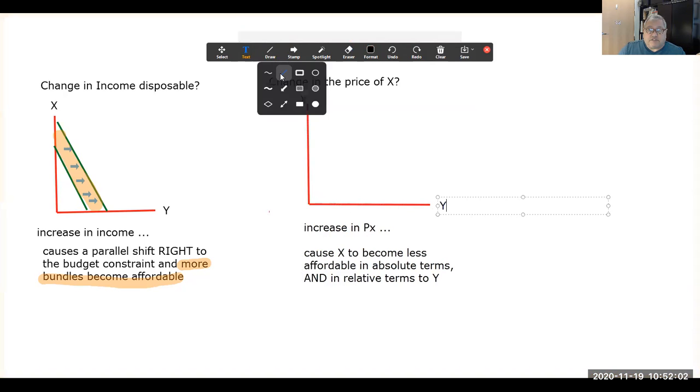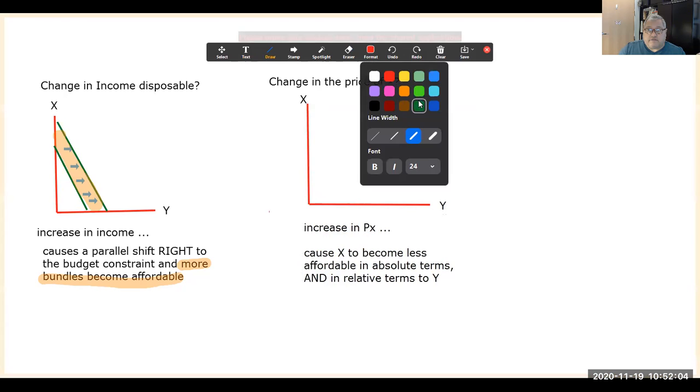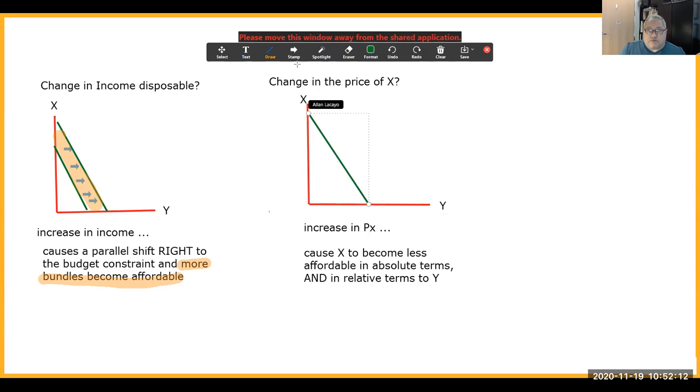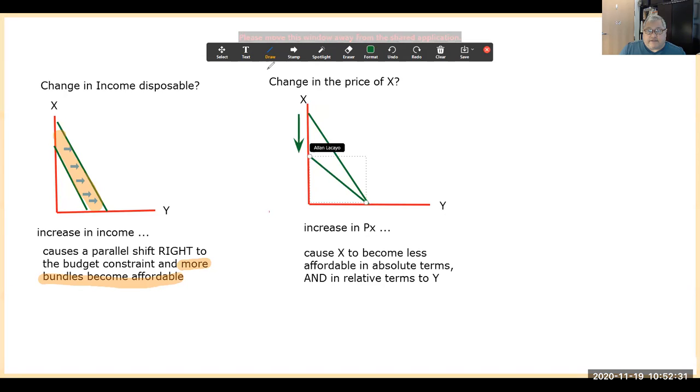The initial budget constraint is in green. And I'm increasing the price of X. So what that does is it reduces the affordability, but only in the vertical dimension. So an increase in the price of X makes X less affordable. And what that means is that the budget constraint swivels in.